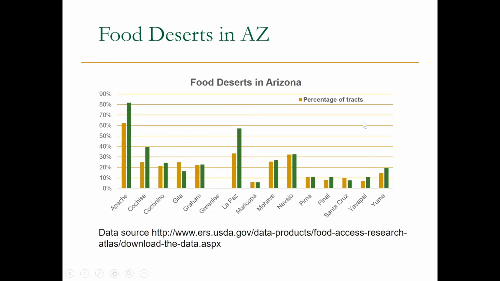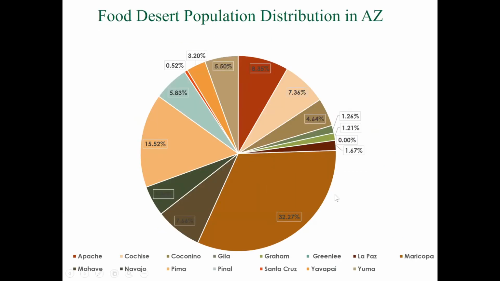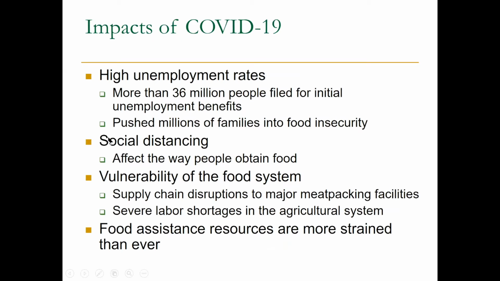You see Maricopa County, although we have a relatively low percentage, we have a larger population. I'm going to show more data about Maricopa County. Maricopa County accounts for about 32% of the overall food desert population in the state. That's the largest portion compared to other counties, because Maricopa County is much larger than many other counties.